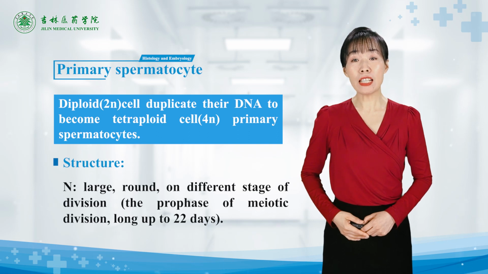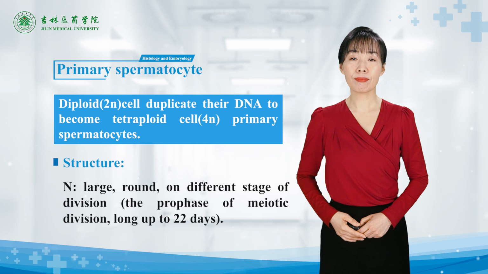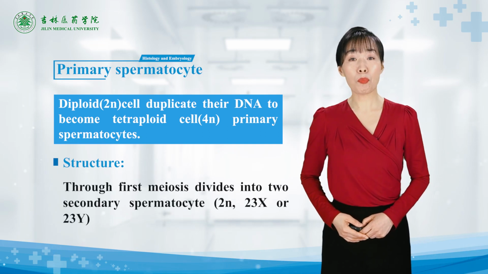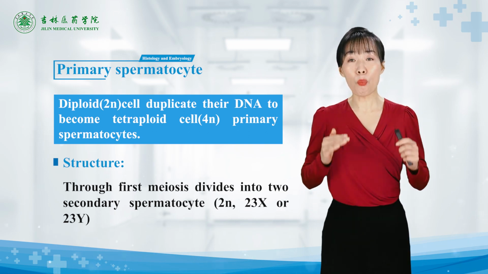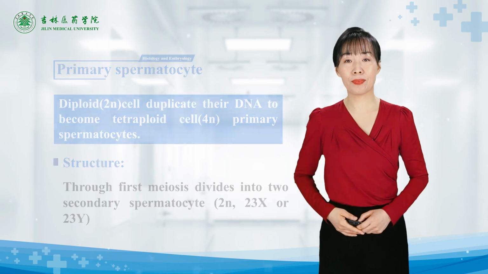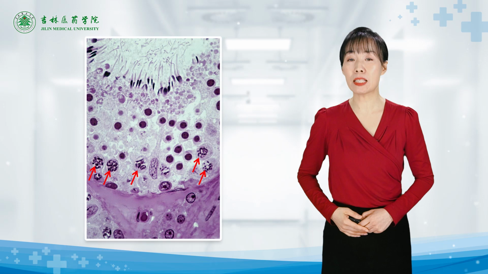And the nucleus is large, round, and at different stages of division. Through first meiosis, primary spermatocyte divides into two secondary spermatocytes. In this picture, the arrow indicates the primary spermatocyte.